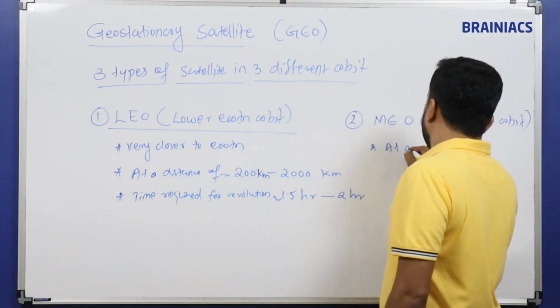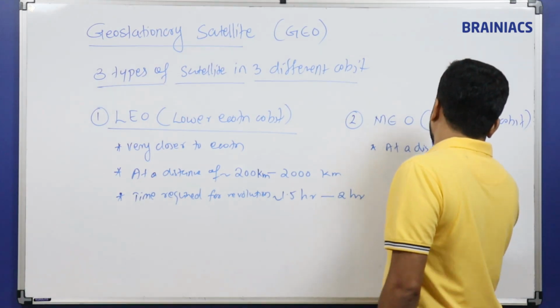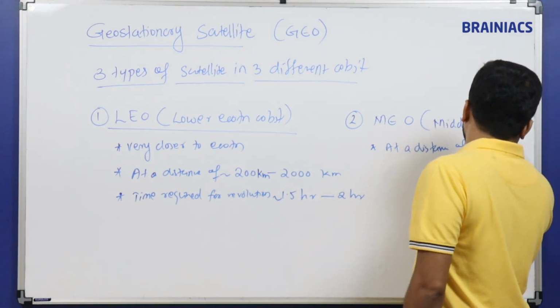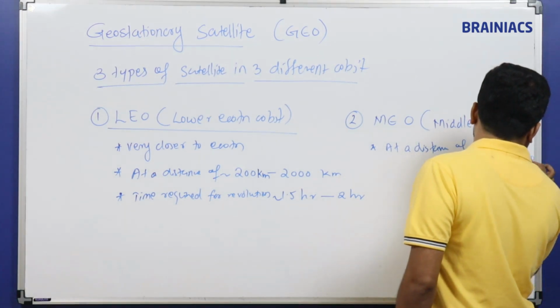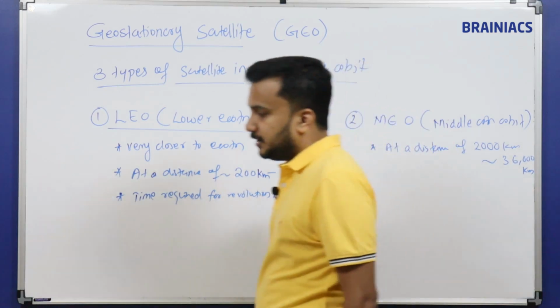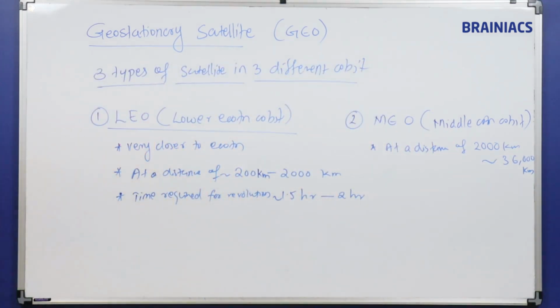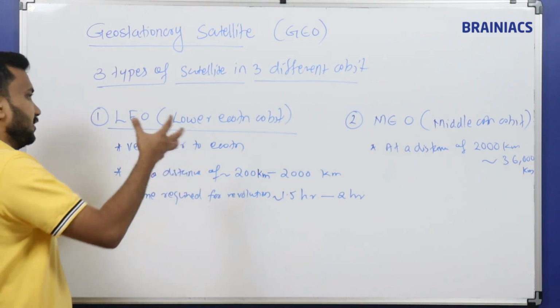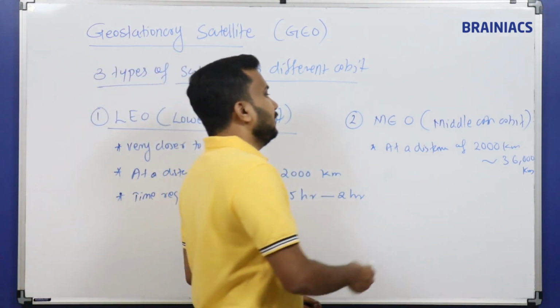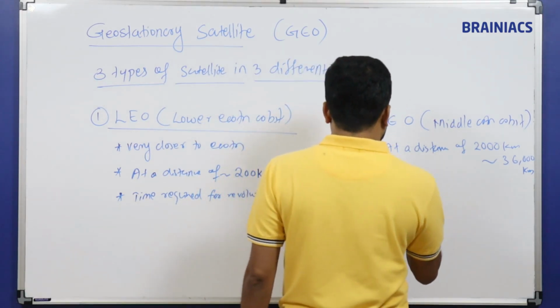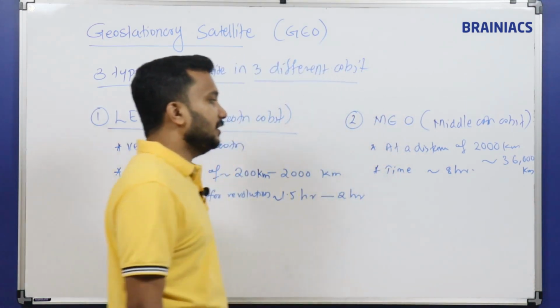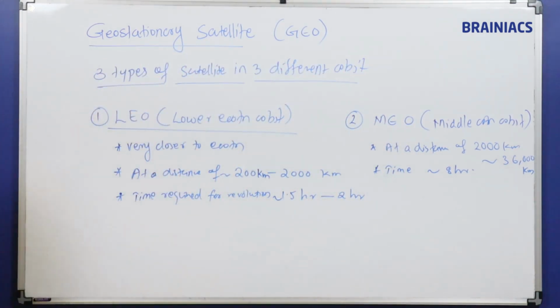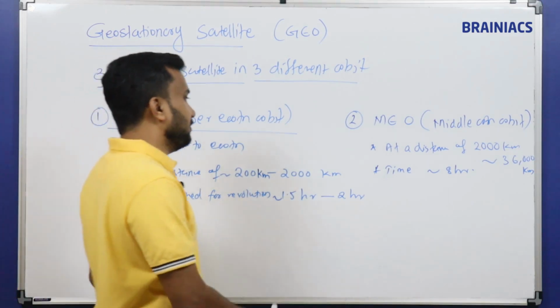It is at a distance of 2000 kilometers to 36,000 kilometers, which means it is just above the lower Earth orbit. The time required is approximately 8 hours. It has some ranges. When the distance increases, the time will also change.